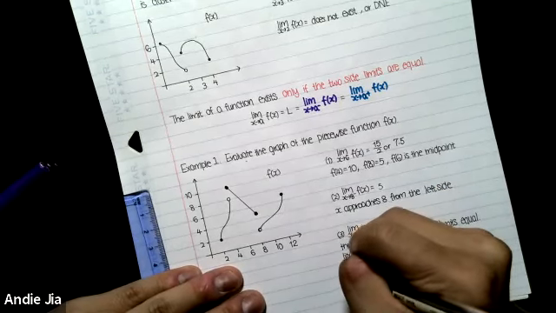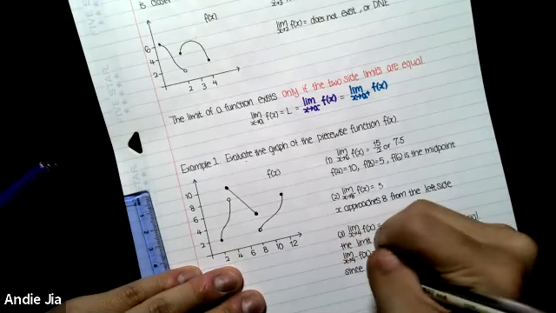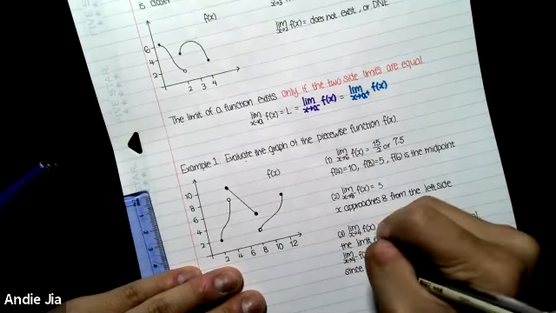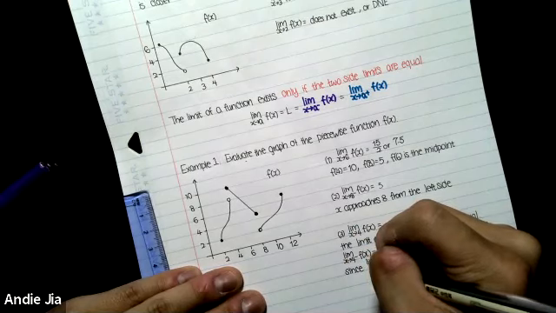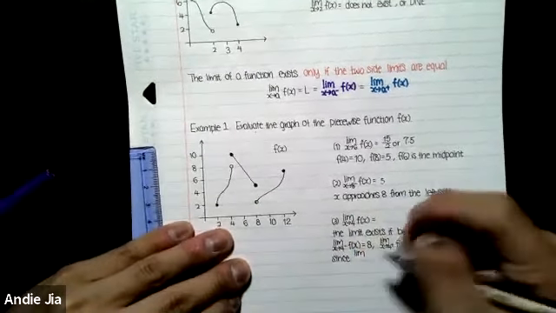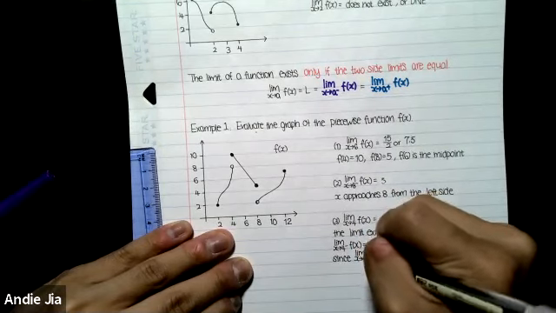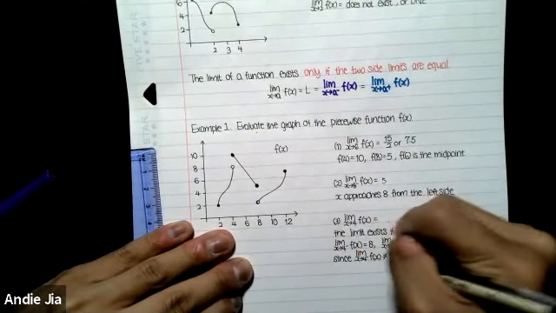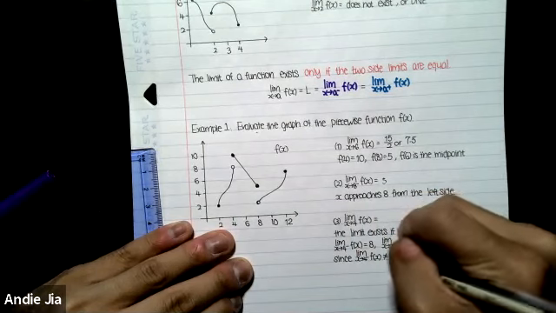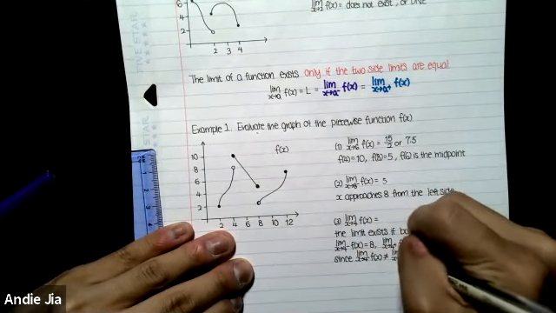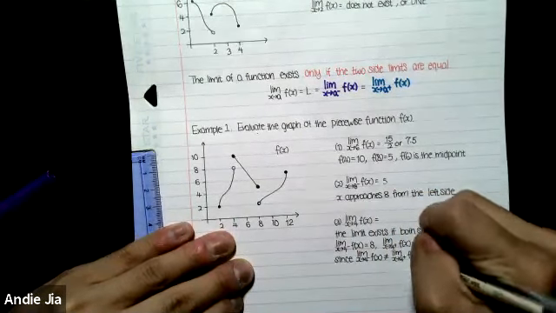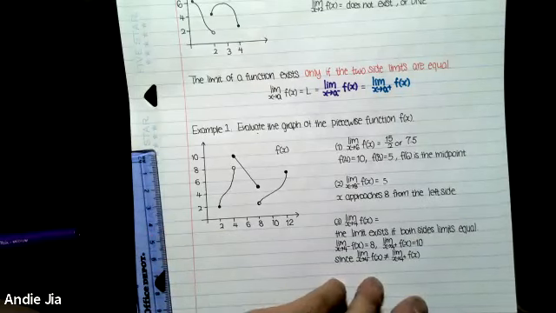Since the limit from the left side is not equal to the limit from the right side, the limit does not exist.